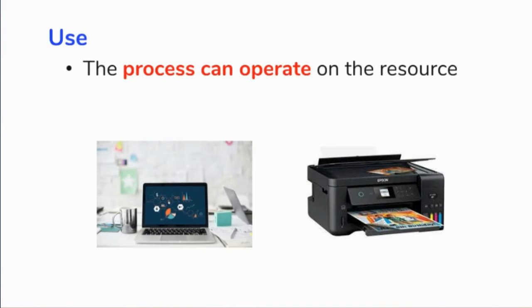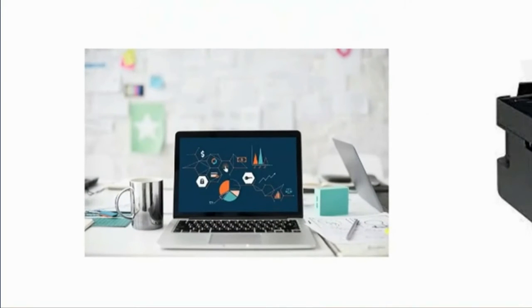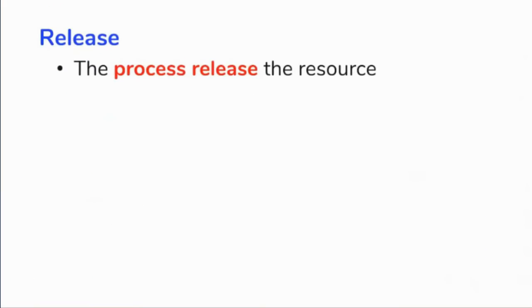The next mode is about the process use. How does the process use the resources? Here we are seeing that we have a printer. If the process is requesting a printer as a resource and it needs to print a file, it will be using the resource for its work completion. At the same time, if the process is trying to access any of the system resources also, it may utilize it, and it can access the file, or save the file, or work on the file, and after completion it will release the resources.